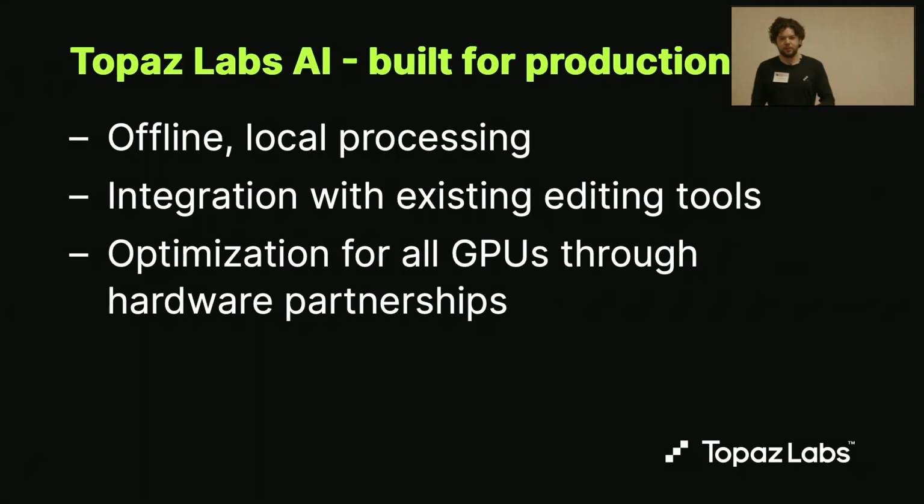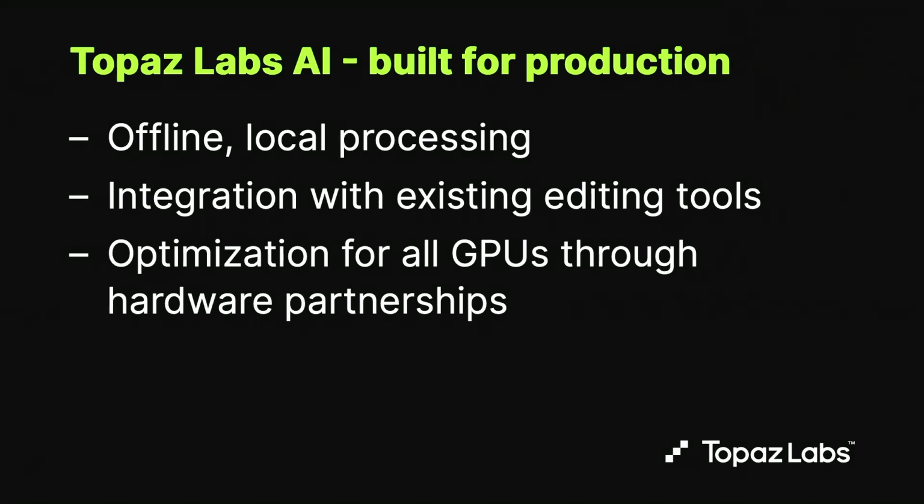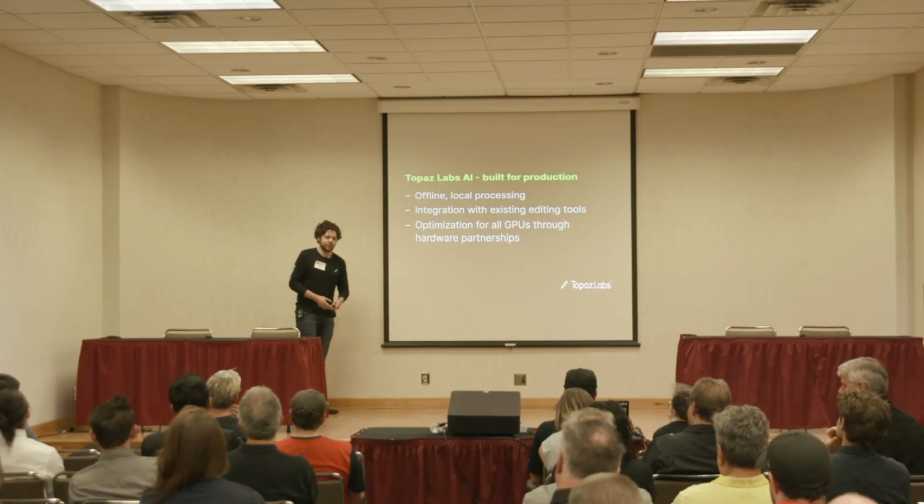Neural engines, NPUs, and specialized processors for AI are becoming commonplace. How many of you are using Apple Silicon Macs? You see, that's a good amount. And we are fully supporting Core ML and the neural engine in our application. We work with all of the major graphics card vendors to optimize for their platform. So you get to stay where you are, use the hardware that you like, and install video AI just like anybody else.